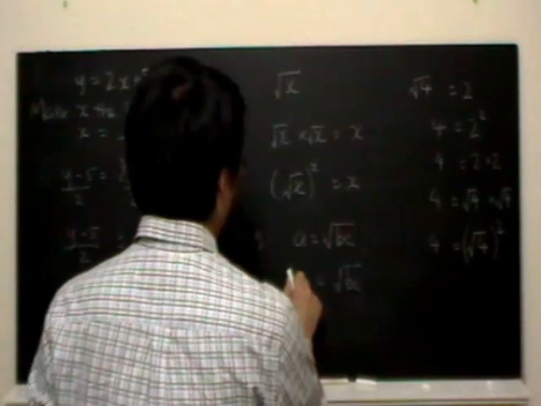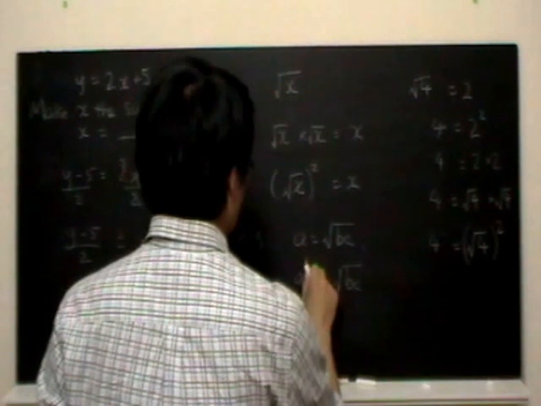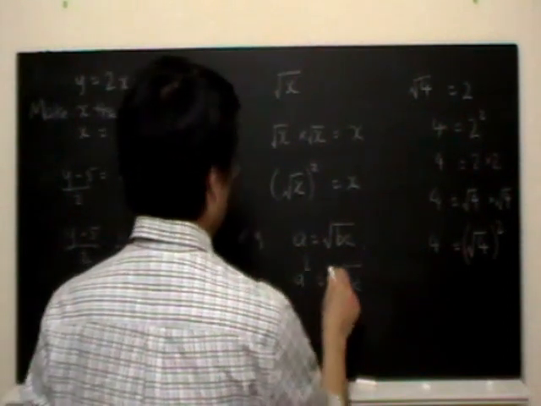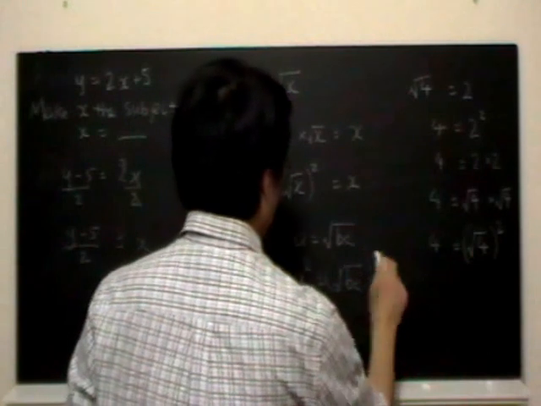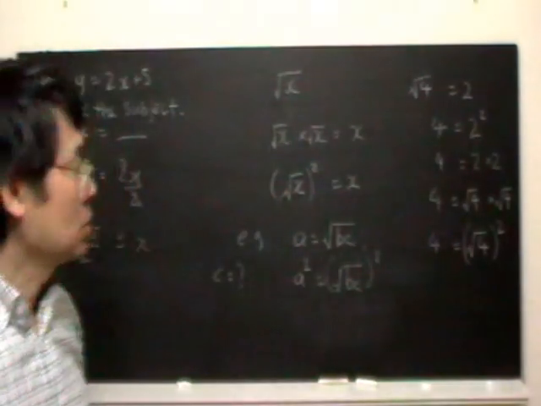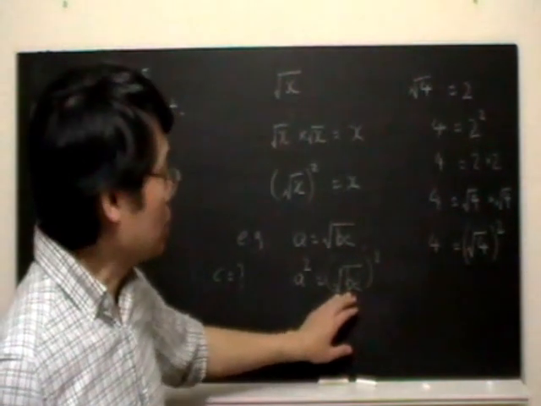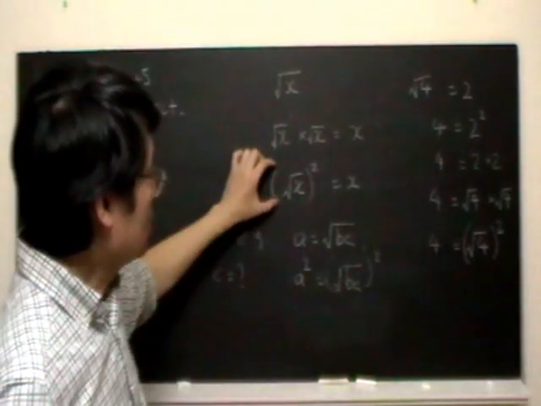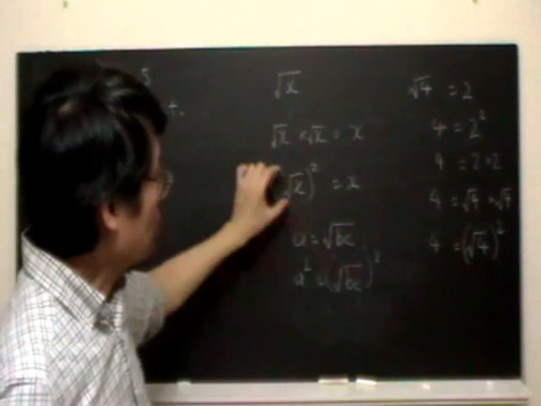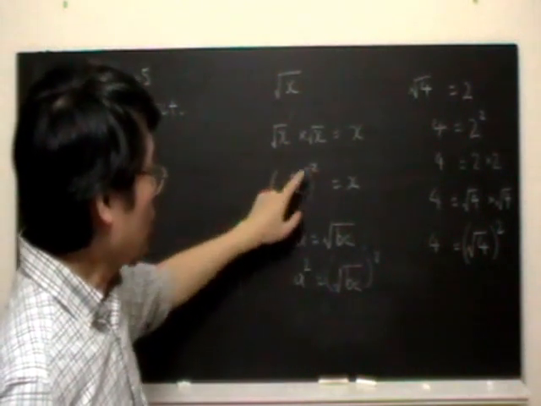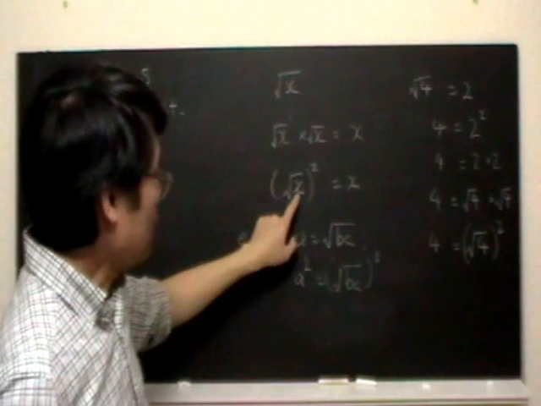If I take the square on both sides, square of the left side is a squared, and we must take the square of the square root. Now that looks a little complicated, but if you compare it with that, it's the same sort of thing. If you take the square of the square root of x, you get back x.